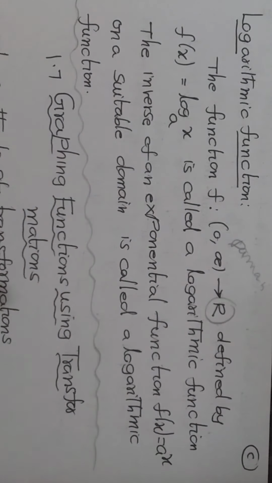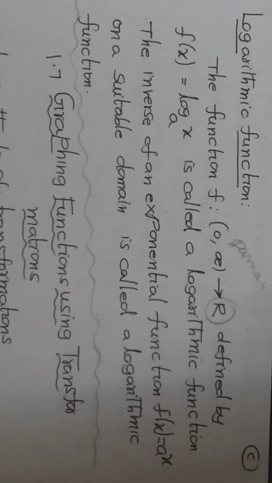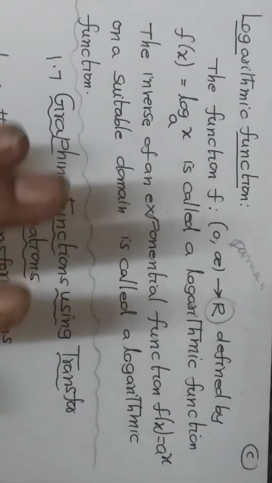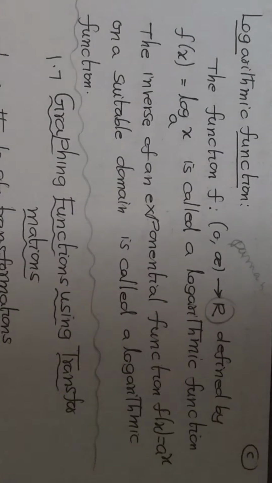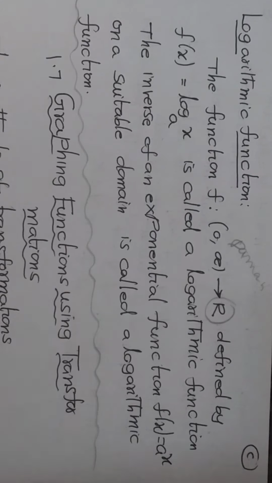You can define logarithms only for positive values, not for negative values. Just remember this one. And one more thing you should remember: the inverse of the exponential function is the logarithmic function. So up to this, it's enough for this chapter. In basic algebra we are going to see the logarithmic function, its properties, product rule, quotient rule, reciprocal rule. All these things we are going to study in the basic algebra chapter, in the last exercise.